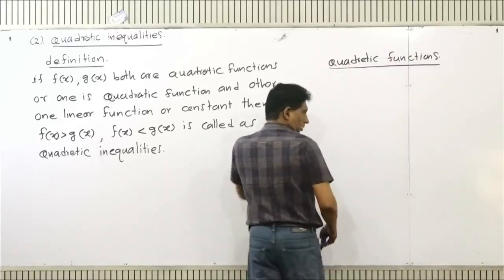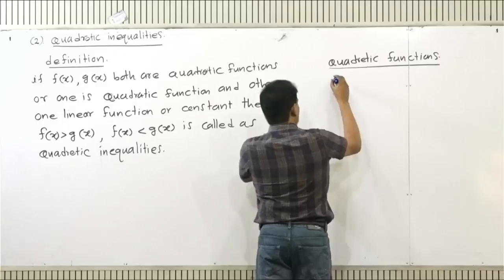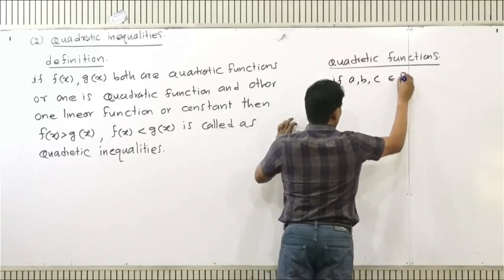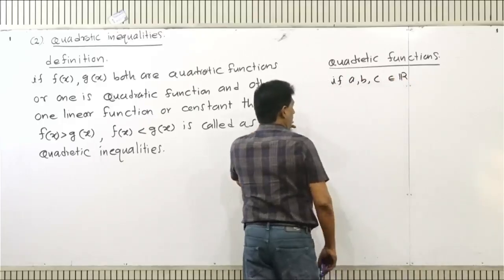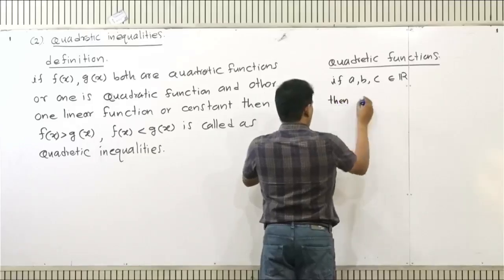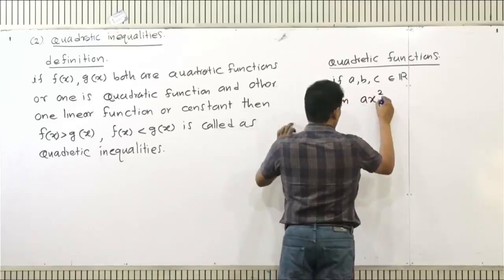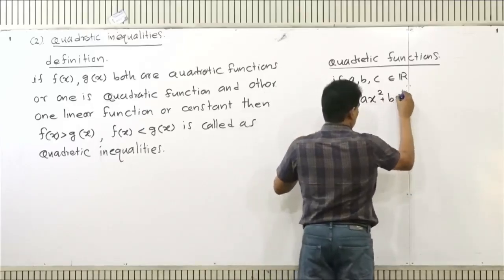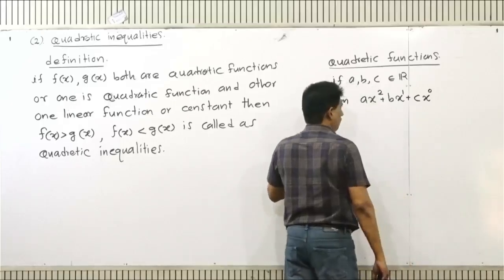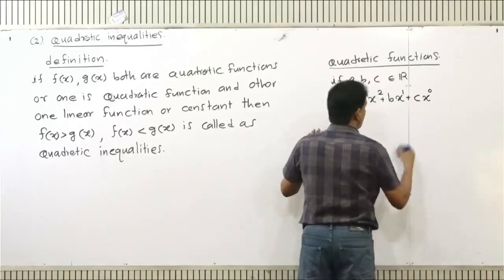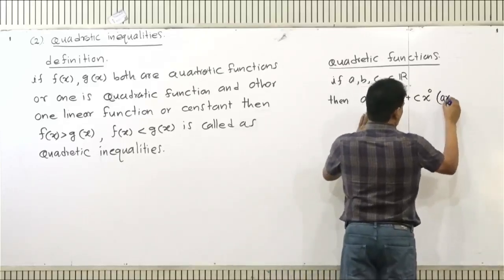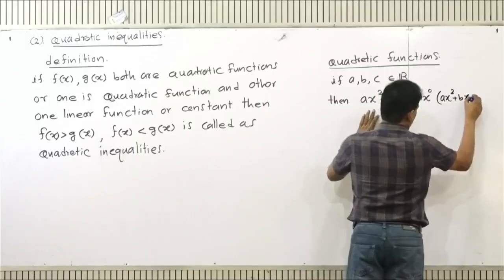Quadratic function means if a comma b comma c are elements of real numbers, then a into x to the power 2 plus b into x to the power 1 plus c into x to the power 0. That means ax^2 plus bx plus c.